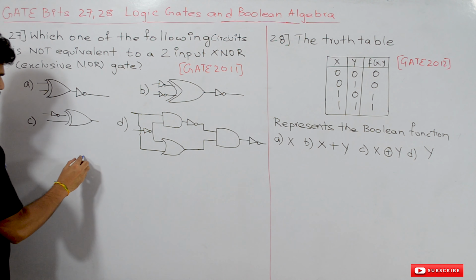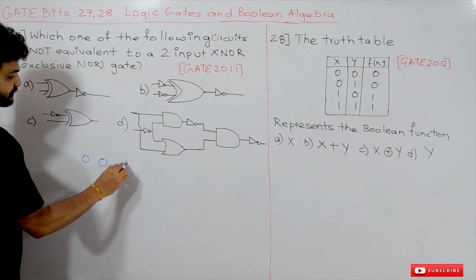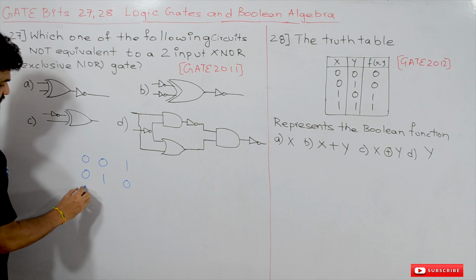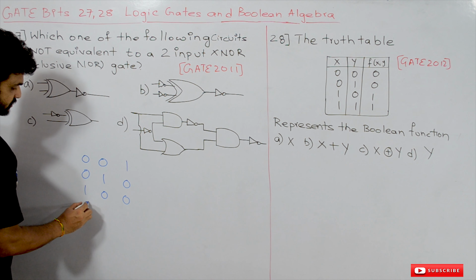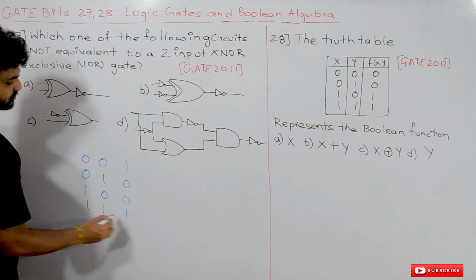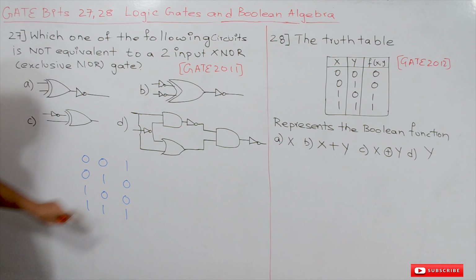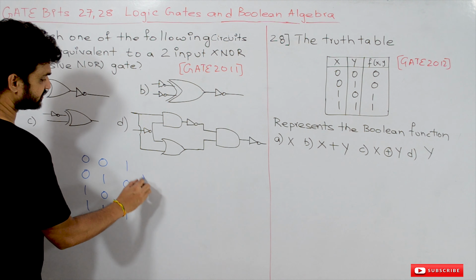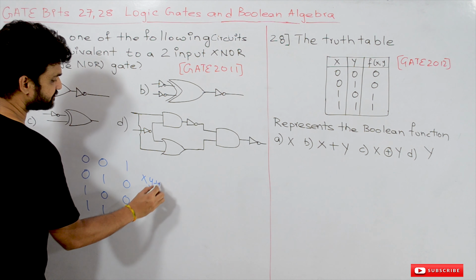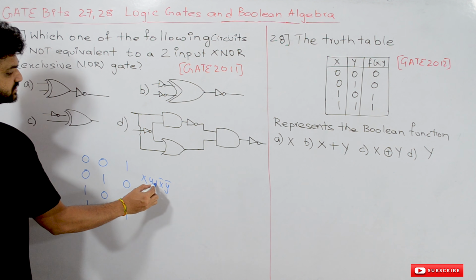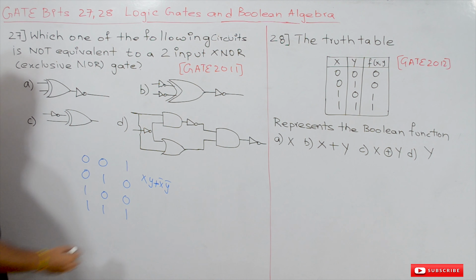The XNOR gate is going to produce an output of 1 when both the inputs are equal. The expression for this is xy plus x bar y bar. This is the Boolean expression for the XNOR gate.